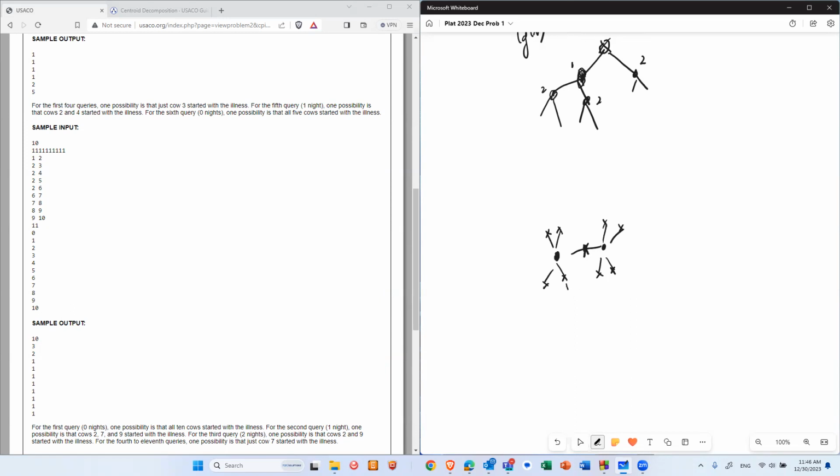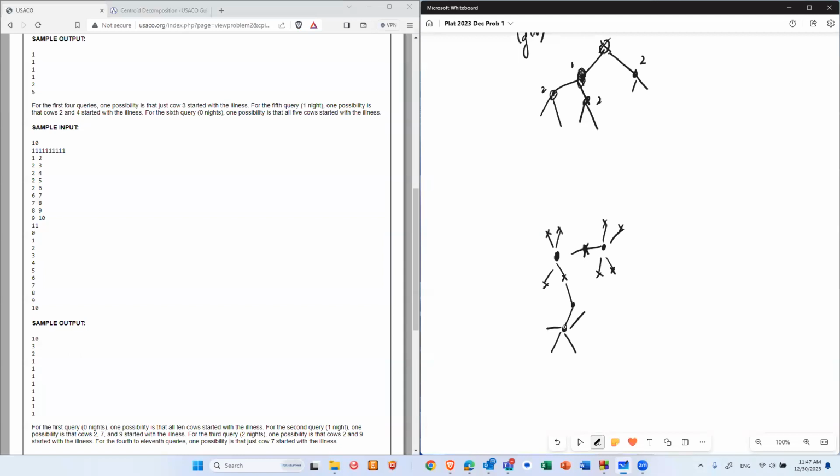So maybe you have another node like this. Let's say this is another level 1 centroid. Okay, so then how many centroids are left here is the number of cows you need to have initially infected, right?